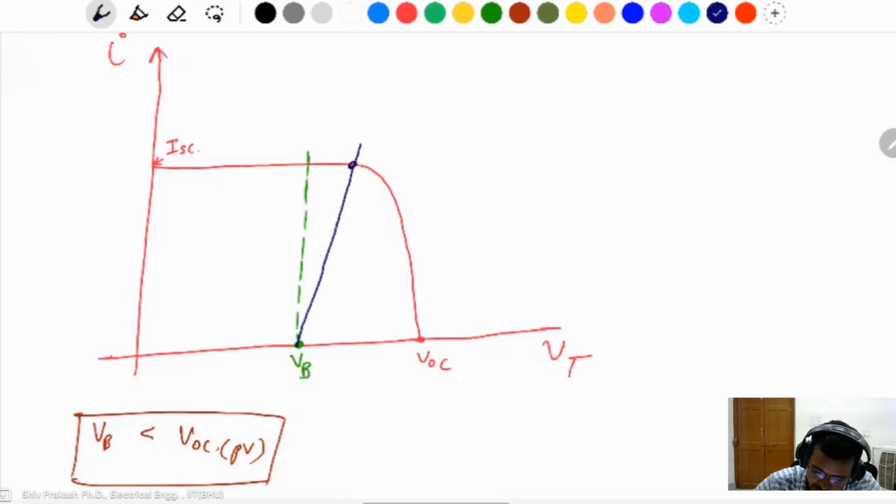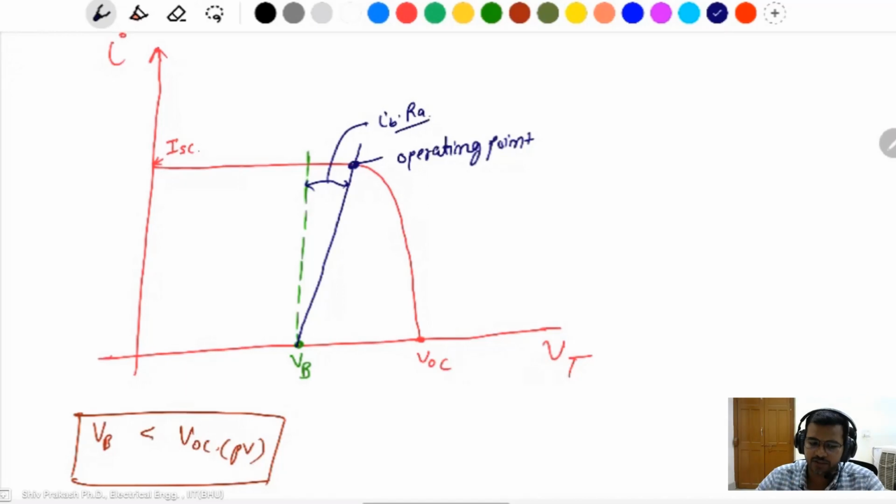Then that is the operating point. This is the voltage rise because of the IB into RB, the internal resistance.